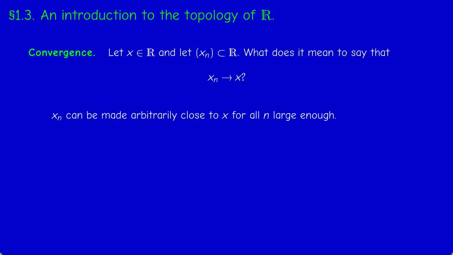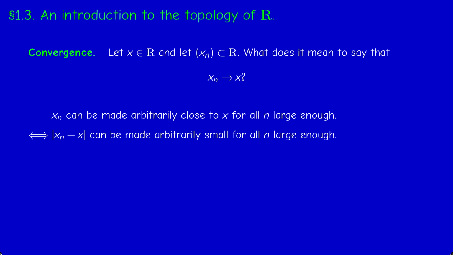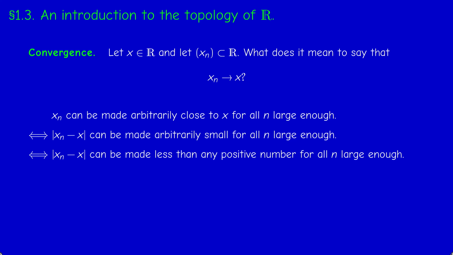Now, what do we mean by xn can be made arbitrarily close? It means that the difference between xn and its limit can be made arbitrarily small starting from a certain rank. Otherwise stated, this difference can be made less than any positive number we like, starting from a certain rank.